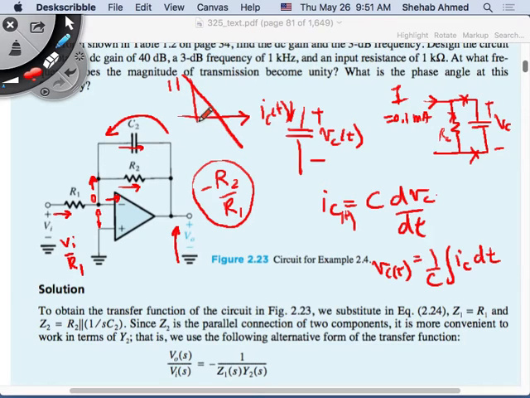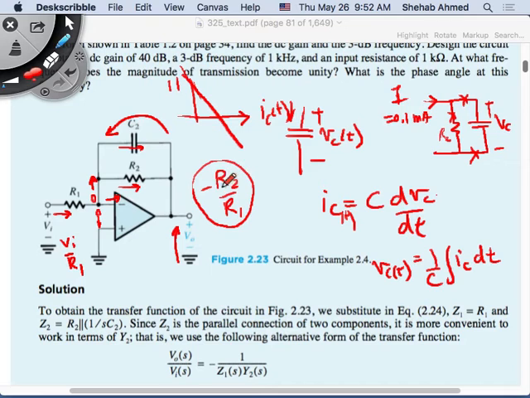At DC, at low frequencies, the gain is infinite, and it will decrease beyond that when I put some AC signals, because the capacitor will come into the circuit again, and I will have some impedance playing its effect on the gain.